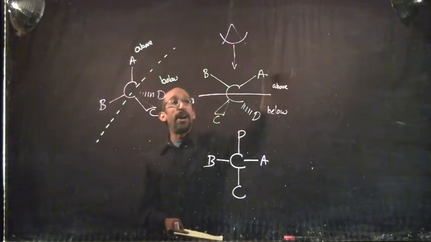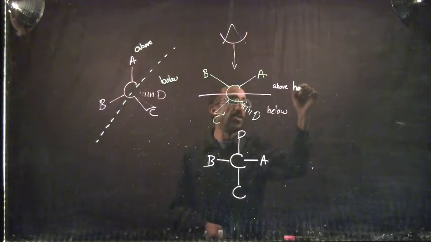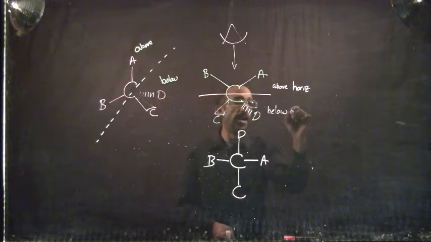So anything above this line that we use to cut the carbon in half goes on a horizontal line, and anything that's below goes on a vertical line.